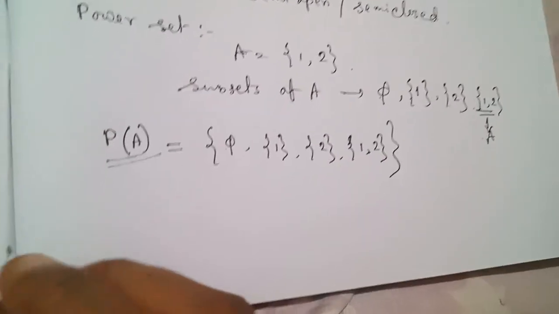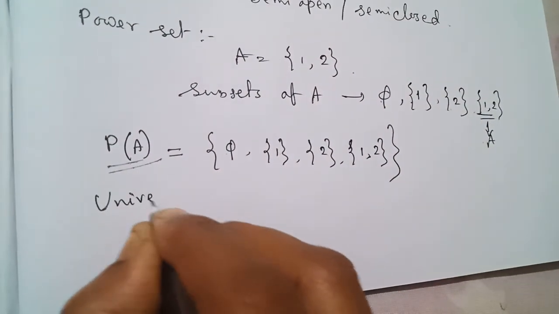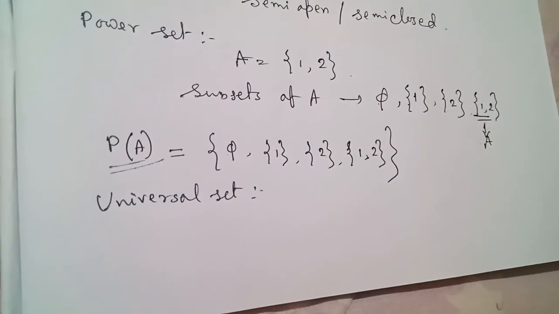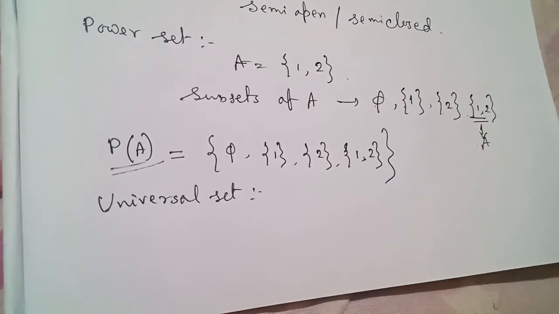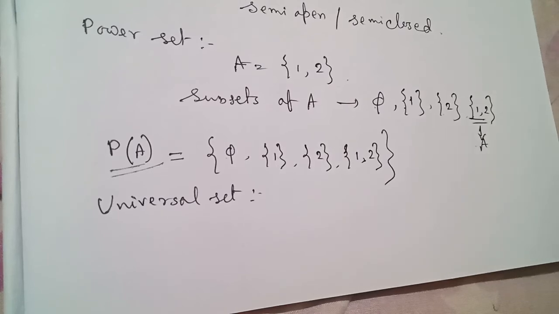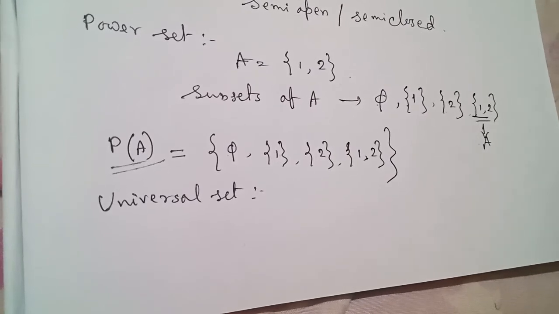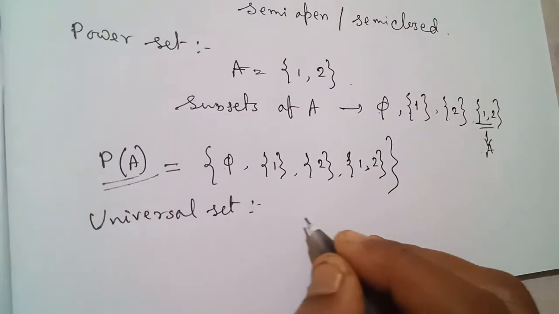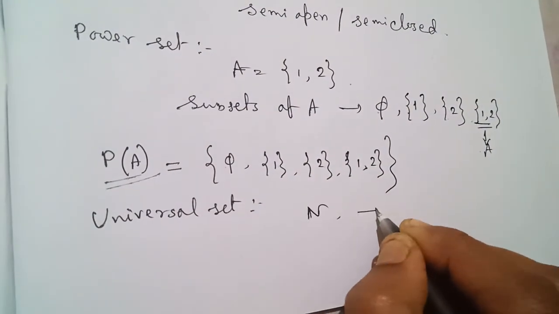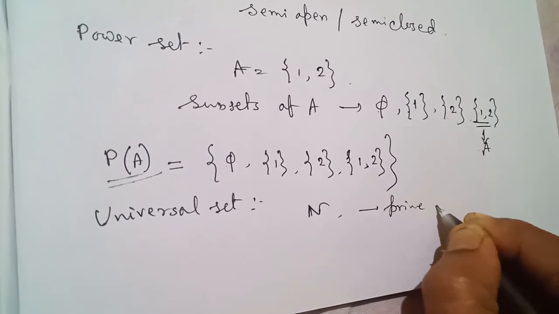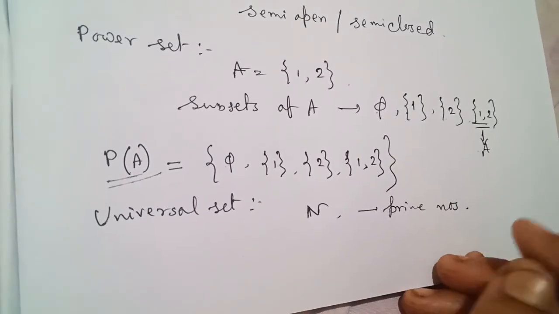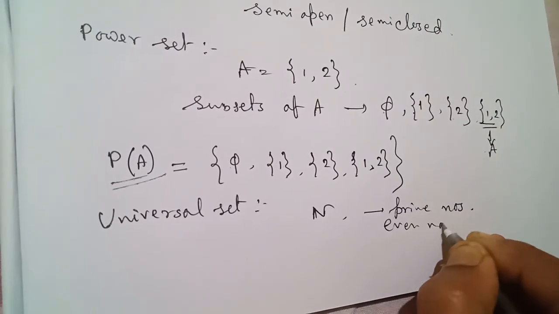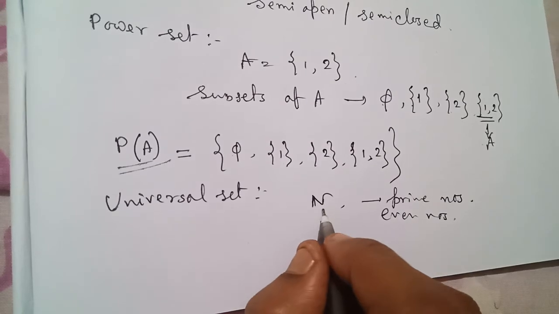Okay, and the last one is universal set. Universal set means in different cases the universal set will be different. Like for system of numbers, we are interested in natural numbers and its subsets, such as the set of prime numbers. Suppose we are finding the set of prime numbers or the set of even numbers, then obviously the basic set is the natural number set.